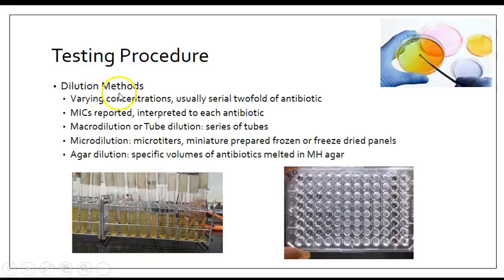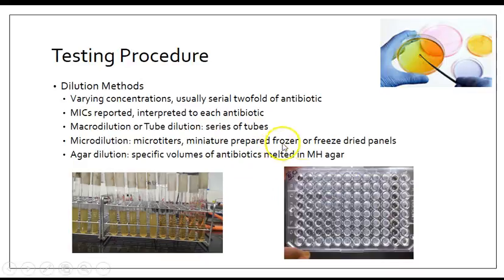Okay, dilution methods. We do varying concentrations. So these usually start out low and then they get higher with the antibiotic. The MICs are reported. Macro dilution refers to a big tube like this. A micro dilution is a small well like this one on this side.